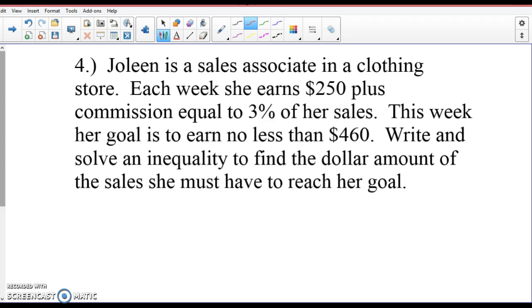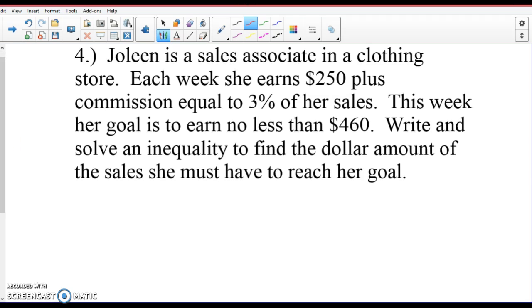Do you guys have this problem in your note packet? Yeah. Okay. Jolene is a sales associate in a clothing store. Each week, she earns $250 plus a commission equal to 3% of her sales. This week, her goal is to earn no less than $460.